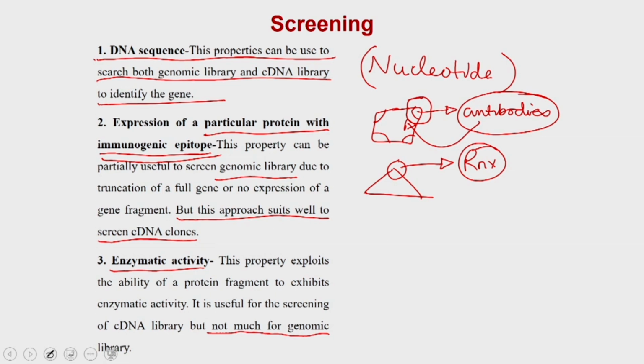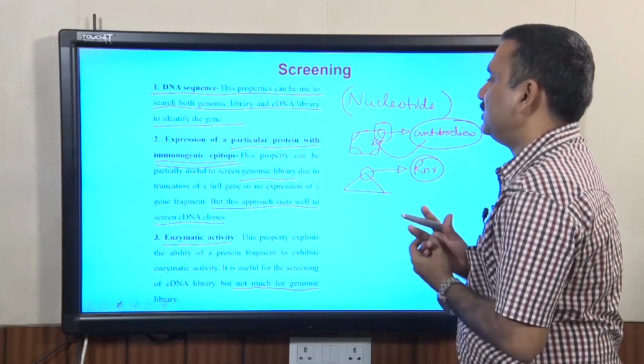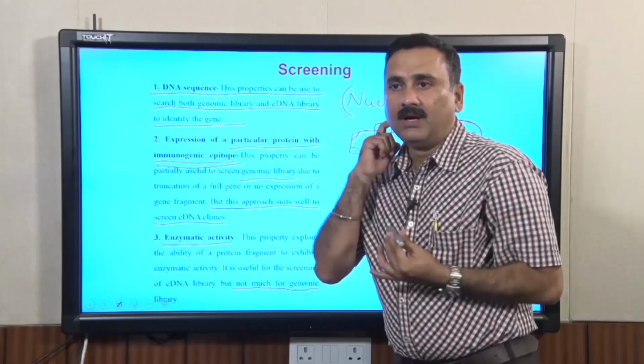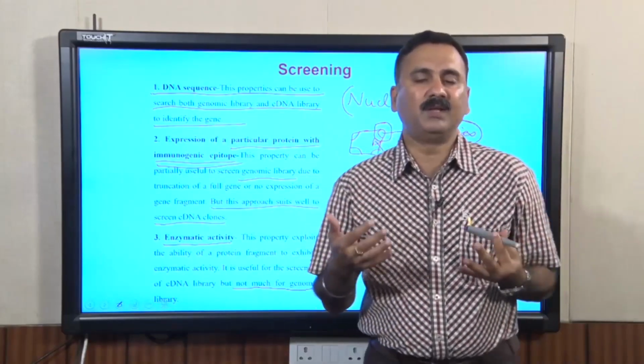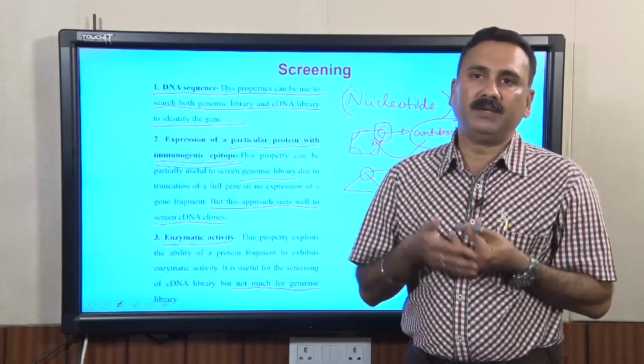So, while you can use any of these analytical tools, you can still get better results if you use antibodies for screening cDNA libraries, or enzymatic activity for the genomic library, whereas the DNA sequence is a generic approach. It can be used for screening both the genomic library as well as the cDNA library to identify the gene. So, let us start with the approach where DNA sequences could be used as an analytical tool to screen the genomic or the cDNA library.